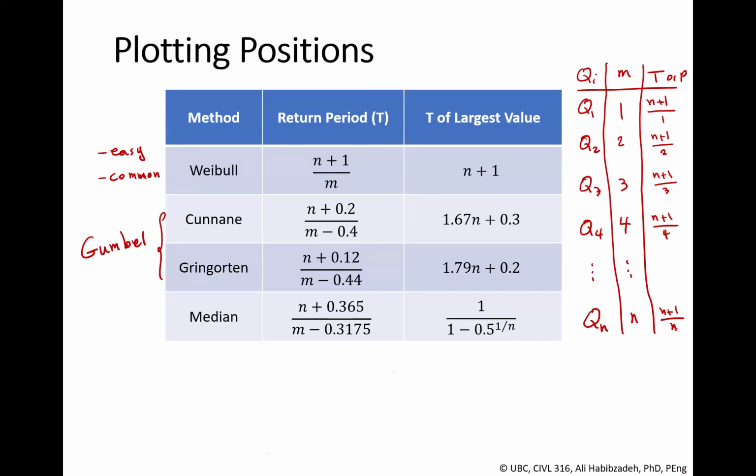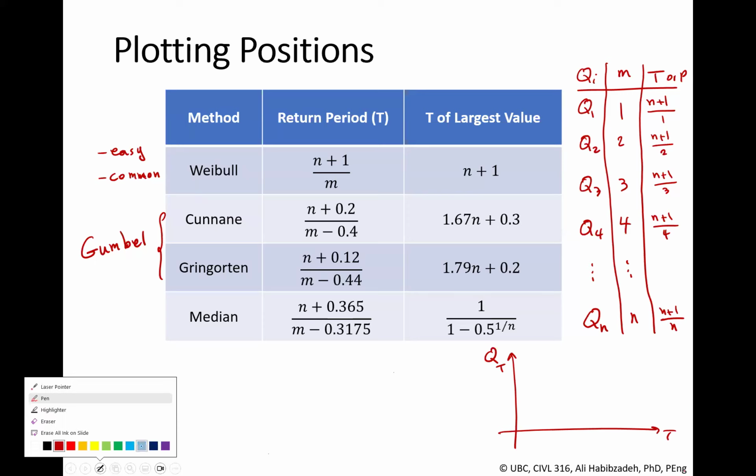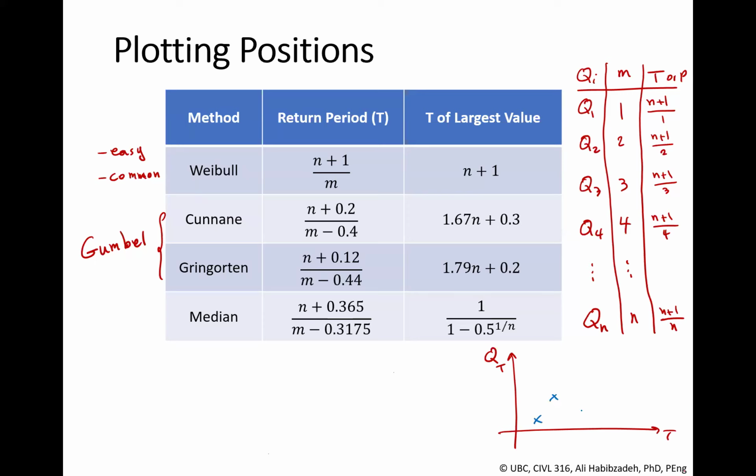And that would be our T values, return periods. Or P, you could use P, doesn't matter really. I'm using the Weibull method, by the way, here, right? And now what do I have? Now I have a bunch of return periods and their corresponding discharge, QTs. And let's say my data looks like this.